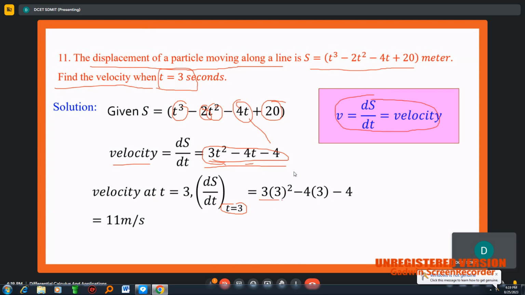Simplifying, 3^2 is 9, 9 threes are 27, minus 4 threes are 12, so 27 - 12 - 4 gives 11 meters per second. Okay, clear? Followed all of you?